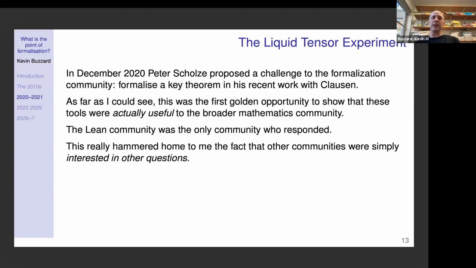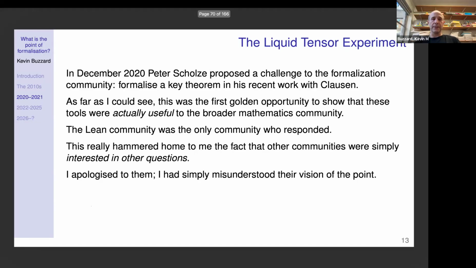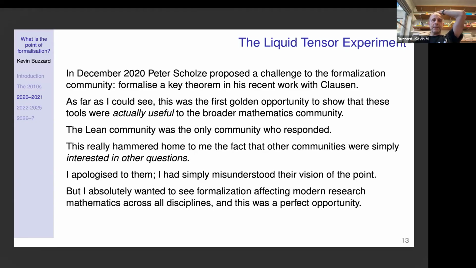If they're not interested in group theory, then they're obviously not going to be interested in what Scholze is doing. And so I did a lot of backtracking and apologizing. But for me, this was a great project, trying to prove a theorem of Clausen and Scholze.